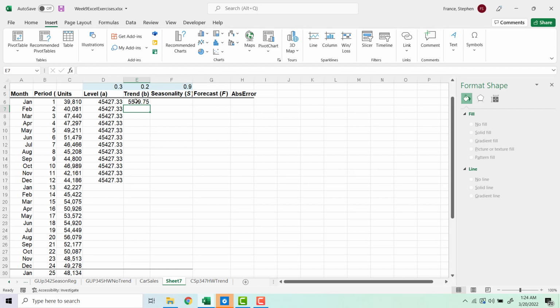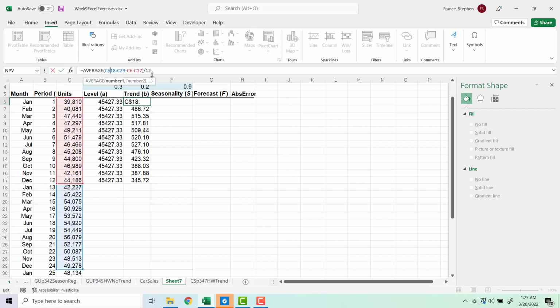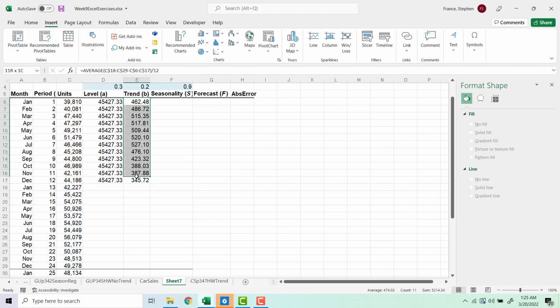And we want to aggregate this out over 12 months, as this would be for an entire year, and we want a monthly trend. So we actually divide by 12 to get per month. So this would be the average increase per month. Okay, and I forgot to dollarize these things. So that's 462.48.